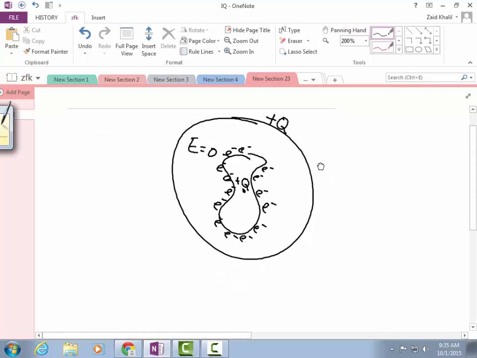Now, the question is, if this was a sphere, how would the charges arrange themselves? Since the electrons have gone to its cavity, it would have to equally distribute out so that it basically becomes uniform.